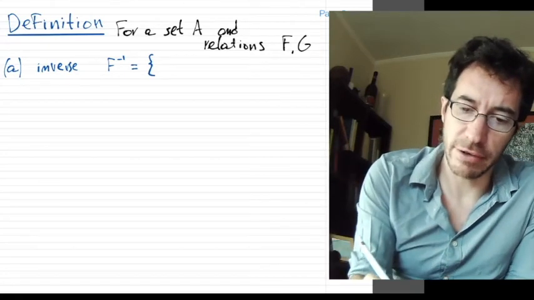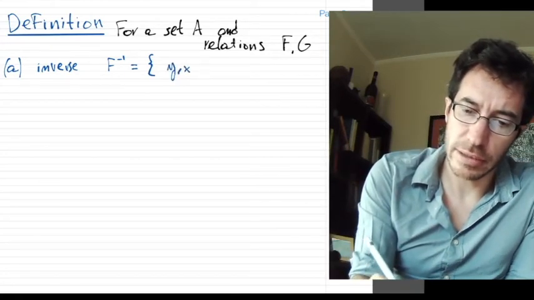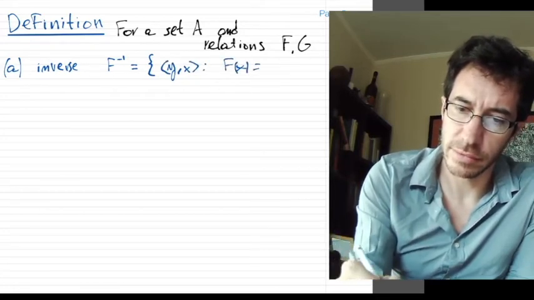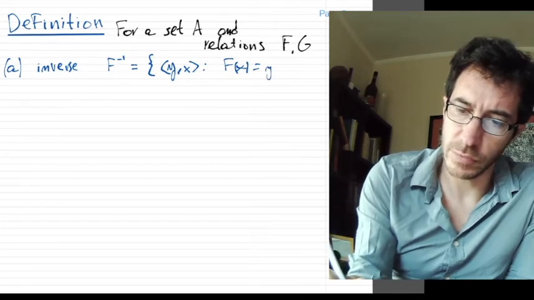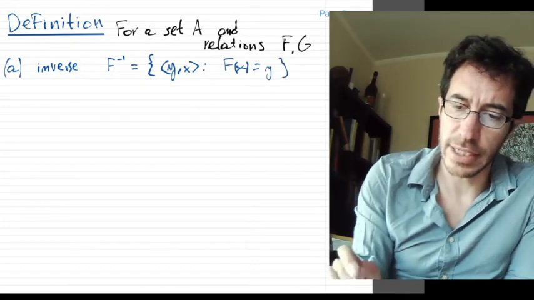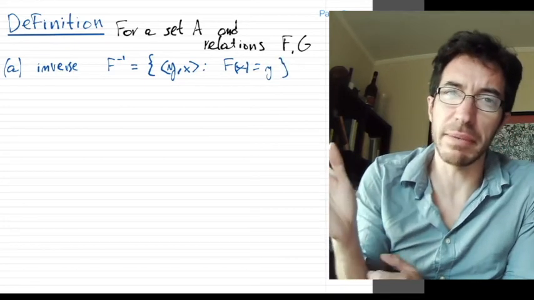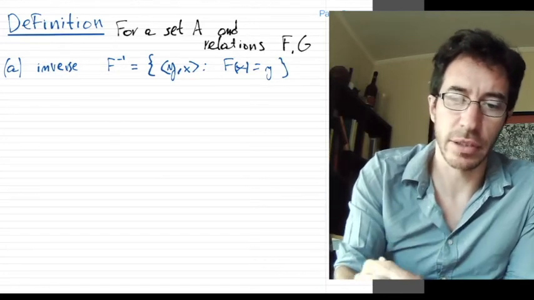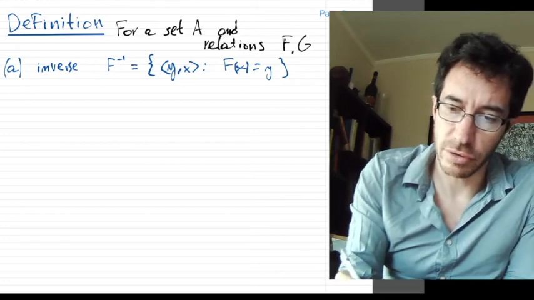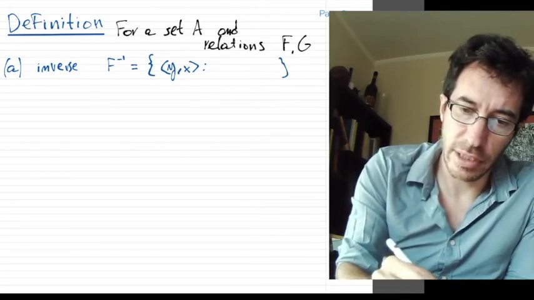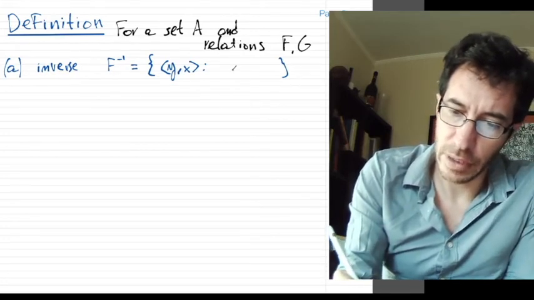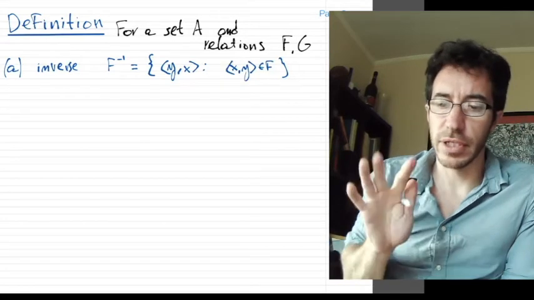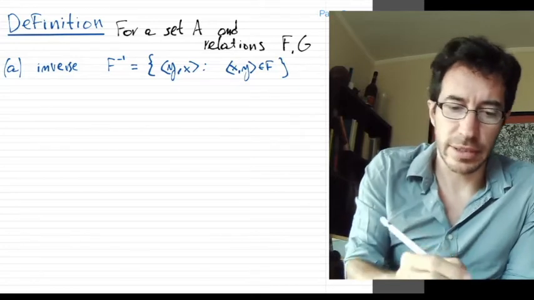It's going to be the set of pairs y comma x such that f of x equals y. But these might be functions or not. All we're assuming is that they are relations. So maybe we cannot write f of x, because it's not a function. Instead, we say x comma y belongs to f. So the inverse is just flipping all the pairs in the relation.